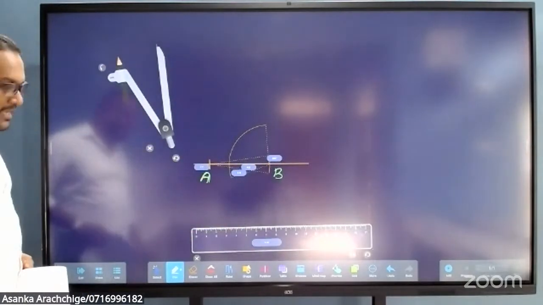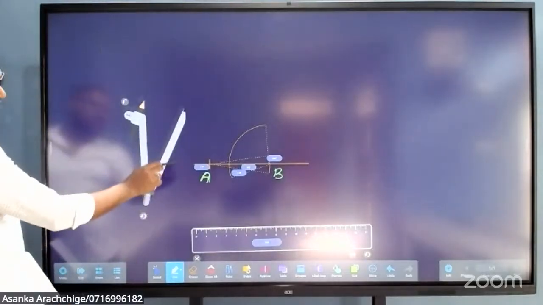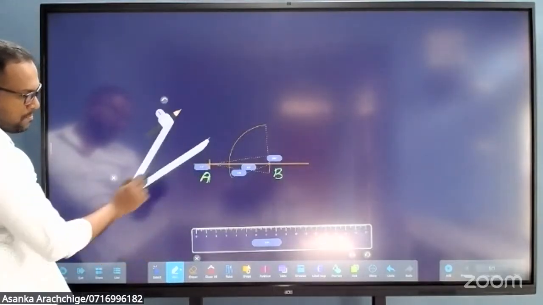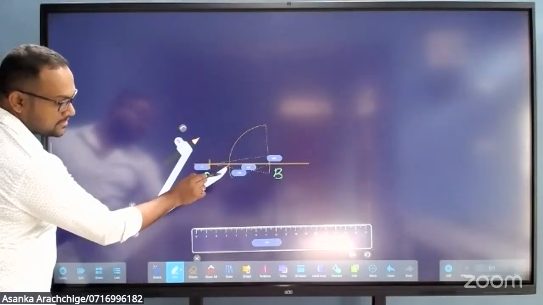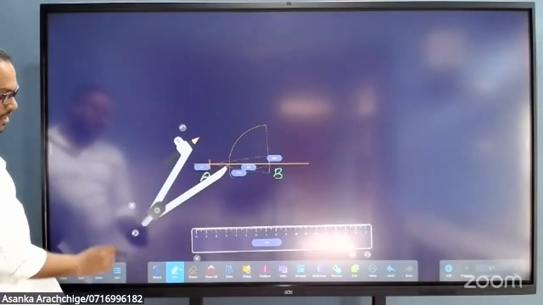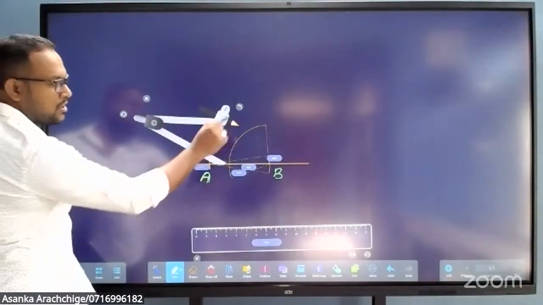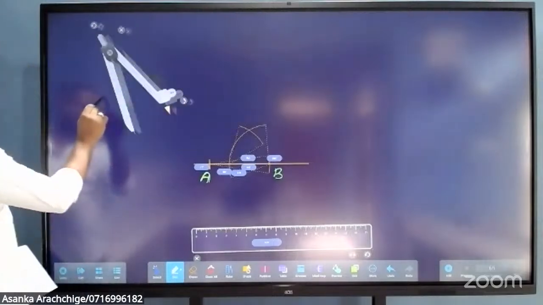Then keeping the same radius, and taking the middle point of the pair of compasses onto this point of intersection, now we have to cut the previously drawn arc by an arc like this.